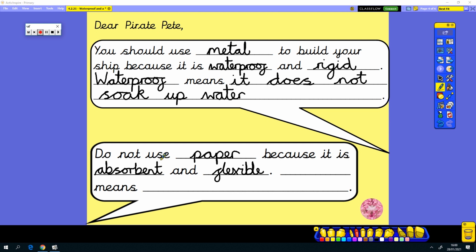Do not use paper because it is absorbent and flexible. I'm using two properties that I have learnt about paper from this last week. Then I want you to explain, what does absorbent mean? Pause the video and tell somebody near you.